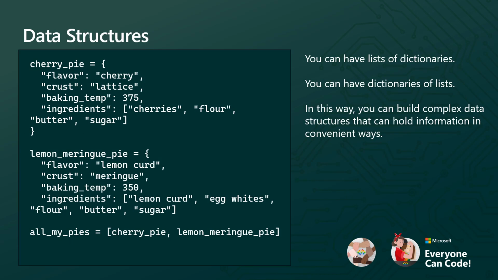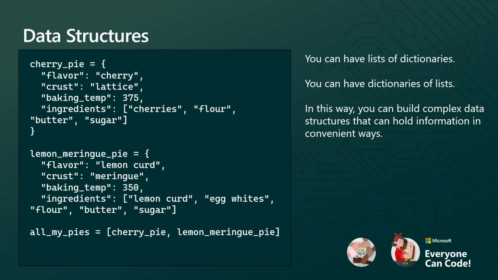And in this manner, we can build elaborate data structures because the value of any of these keys can be any data type. It can be strings, integers, lists, and other dictionaries. So we can have one data structure called cherry pie and another called lemon meringue pie.